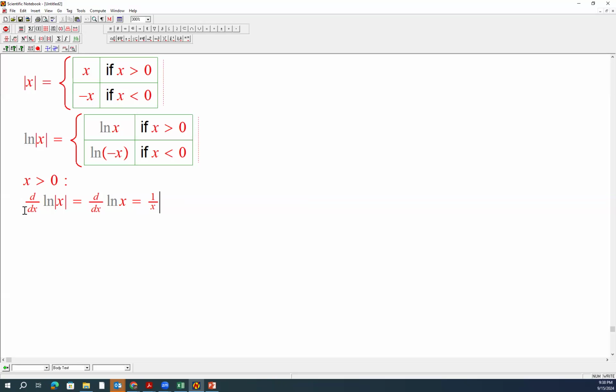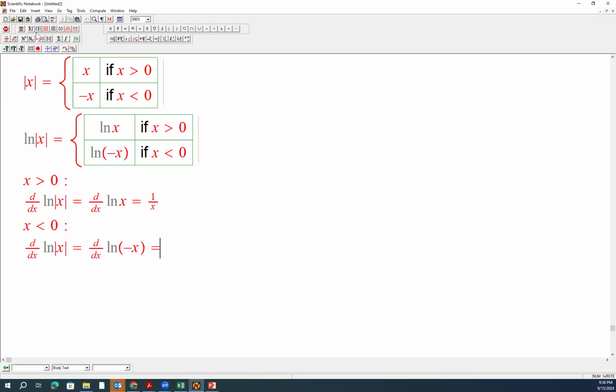We knew that before. But what if x is negative? If x is negative, the derivative of ln of the absolute value of x is equal to the derivative of ln of negative x, since the absolute value of x is now replaced by negative x.